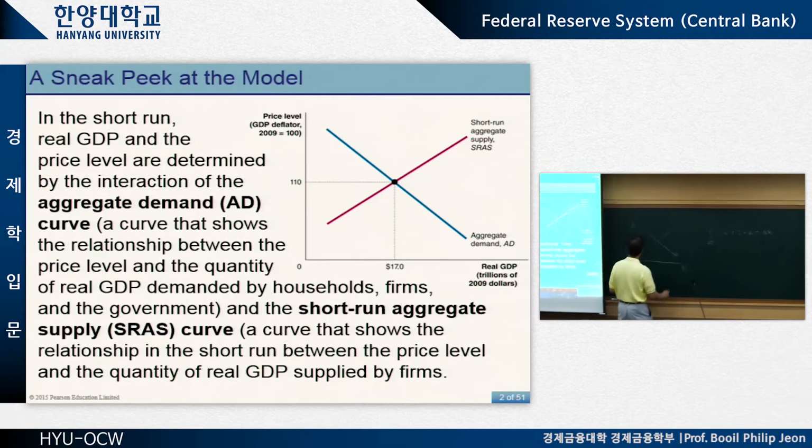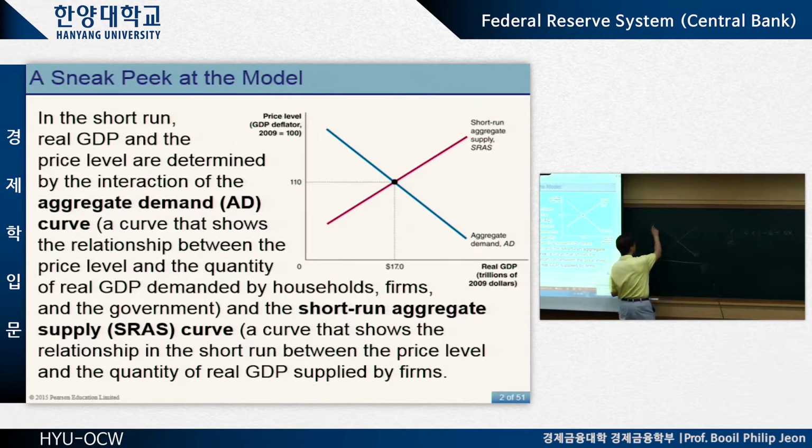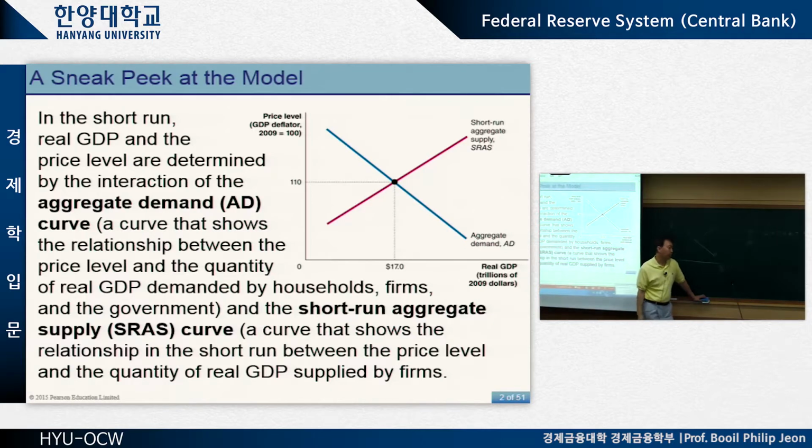So then the price here is not the price of any single particular item, but just the overall price level. Make sure you understand. You can consider it as a sort of average price, so to speak. So on average, what happens to the price of everything in the economy?